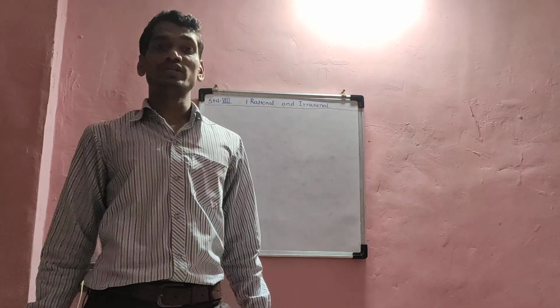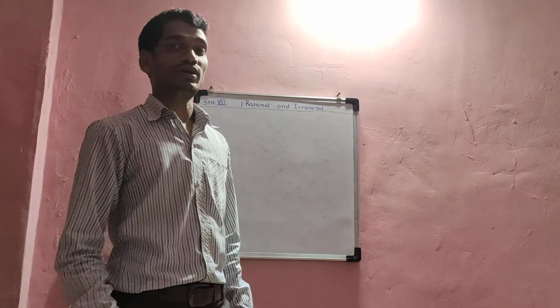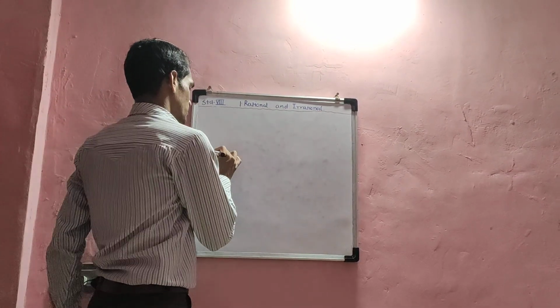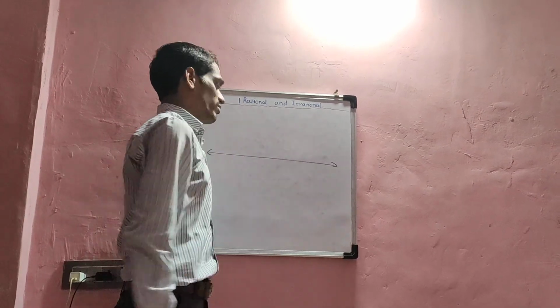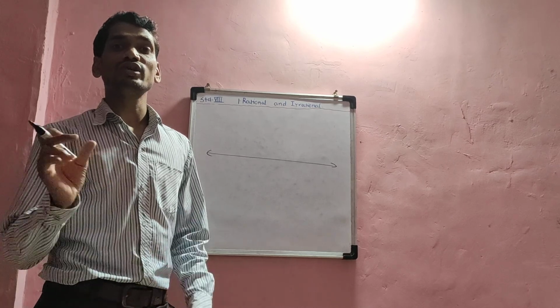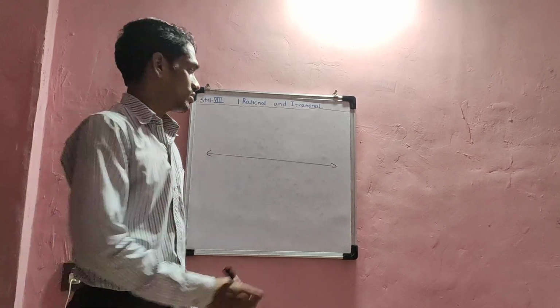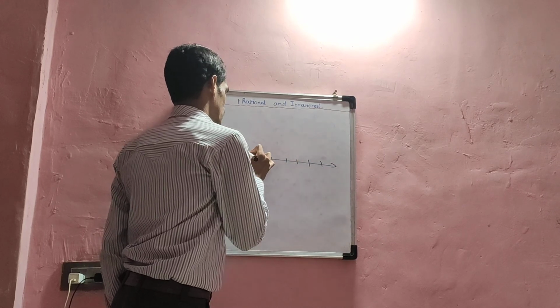Then we represent the real numbers on the number line. It's called a real number line. For the real number line, we have to take what? A line, and divide this line into unit distances. I am dividing this line into unit distances over here.